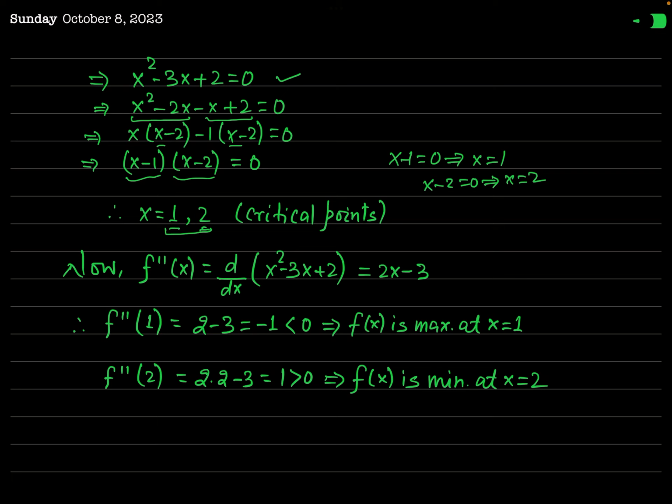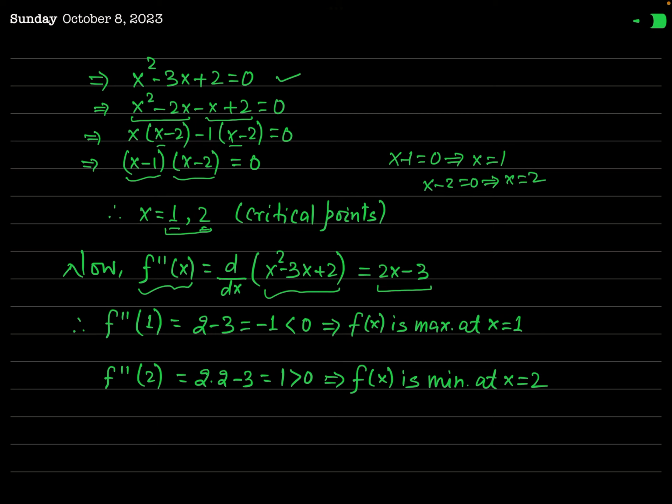And you know, for applying the second order derivative test, first of all we will find the second order derivative of this function. So this will be f double dash of x, and this is d/dx of f dash of x, which is x square minus 3x plus 2. So its derivative will be 2x minus 3. So this is the second order derivative of the given function.